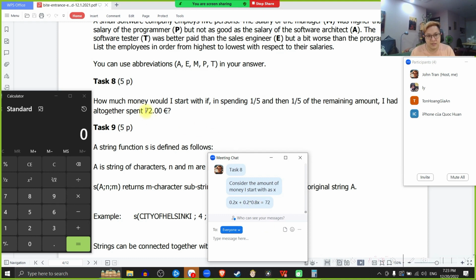Okay, I have altogether spent 72 euro. So you solve this equation. Mình giải cái phương trình này thôi. So 0.2x plus 0.16x equal to 72. So 0.32x equal to... a moment.